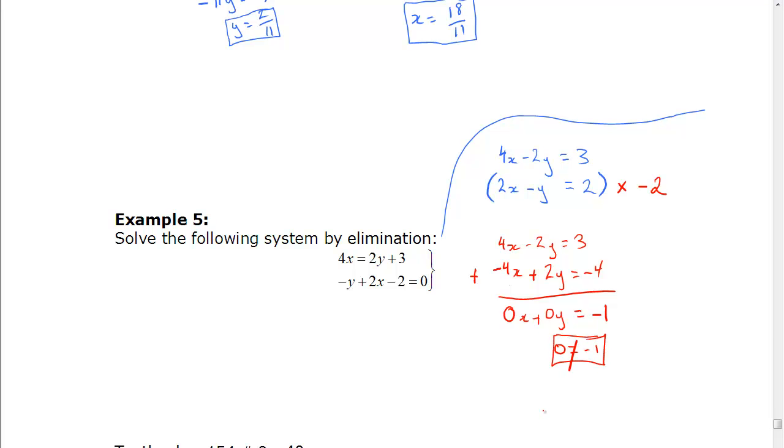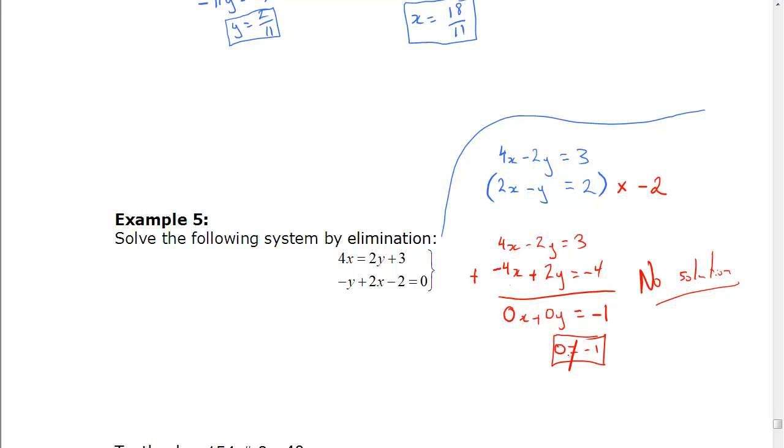That's not true. That's because for this example, there is no solution. These lines would be parallel lines if we were to solve for y and graph them, so that's why there's no solution here. And that'll always be the case if you get something that's not true once we solve, provided we've solved and done the steps correctly.